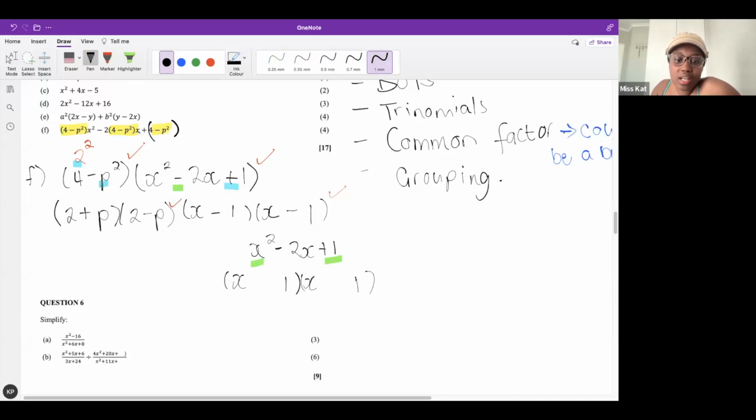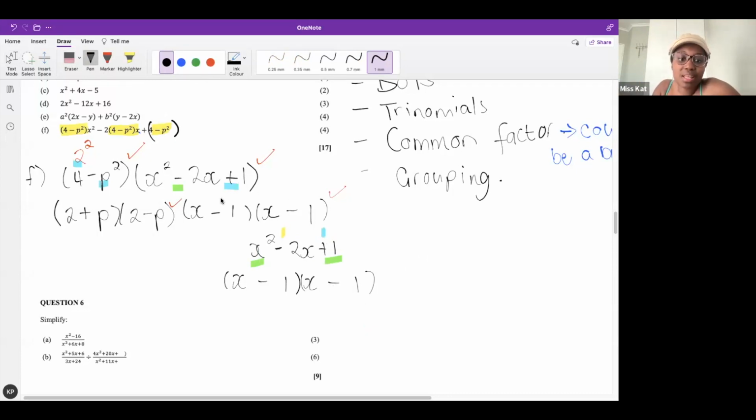Now, we need to decide what symbols go inside here. First you look at the second symbol. If the second symbol is positive, it means we have the same symbol in both brackets. The same, okay? And then you look at the first symbol, and that's going to tell you that they are both negative. So it's a negative and a negative.